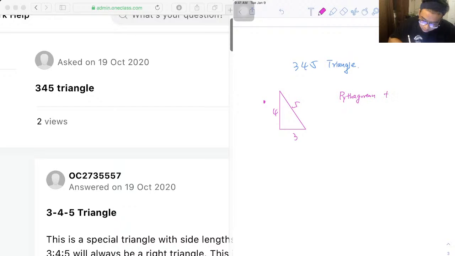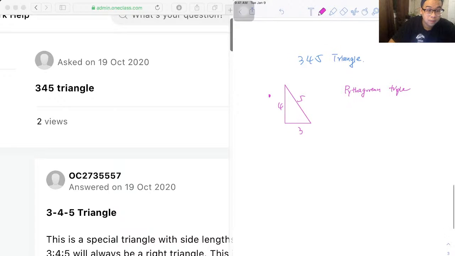Pythagorean. And to prove this, we must use the Pythagorean theorem. The Pythagorean theorem states that if the side lengths of a triangle satisfy the equation a squared plus b squared is equal to c squared, then it is a right triangle.